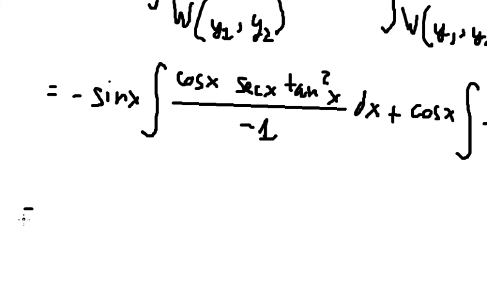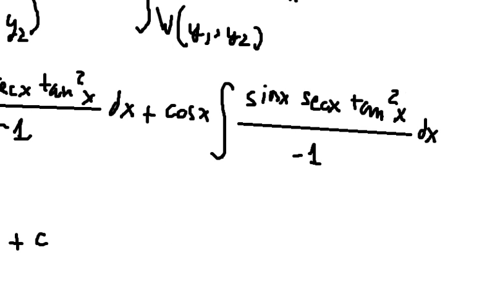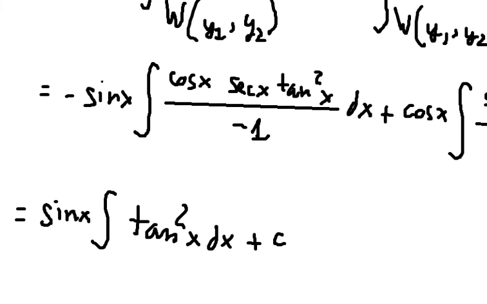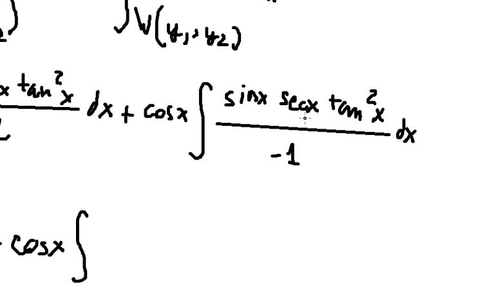So we need to simplify: negative, we have positive. Secant of x is 1 over cosine x, so we just have tan x squared. Negative 1 we put outside, we have negative cosine x. So this one we can simplify.